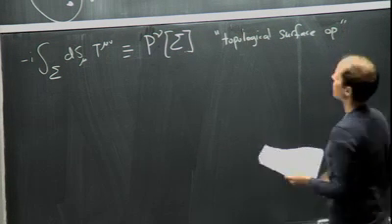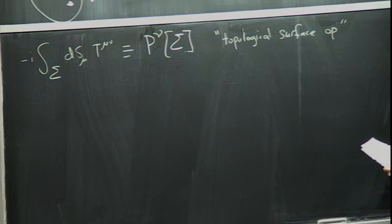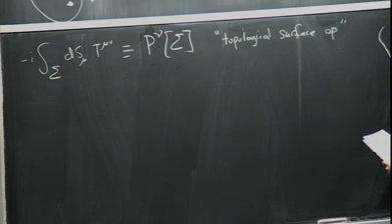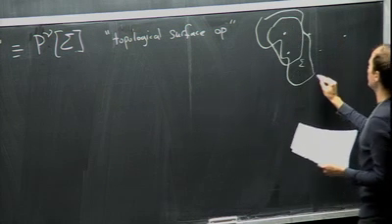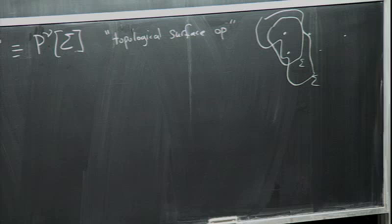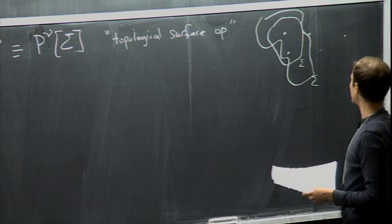If you have a bunch of local operator insertions, you can insert P of sigma into the correlation function and compute something, or you can compute it with some other surface sigma that encloses the same operators, and you'll get the same answer. So it just depends on the topological class of this surface.